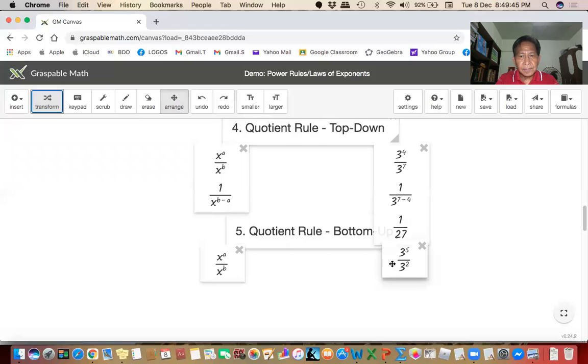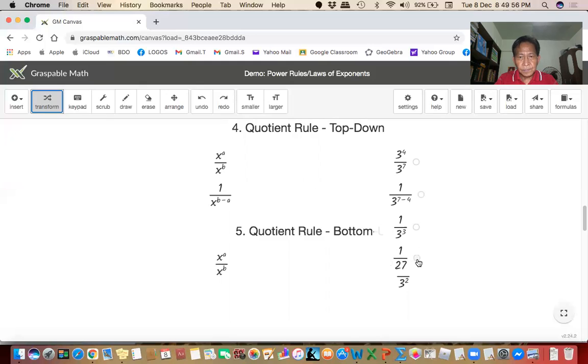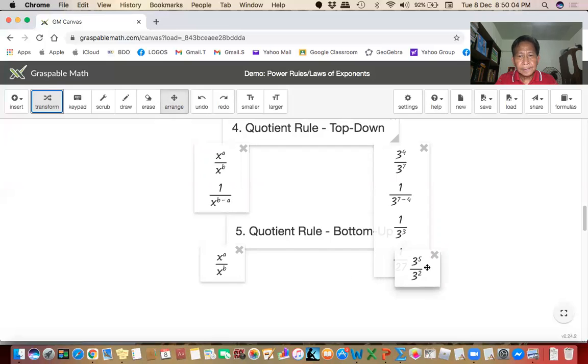I'll just drag this down a bit. Let me move this here. So this is an illustration of the bottom-up approach.